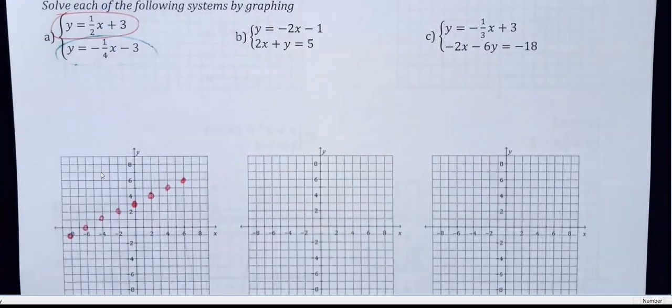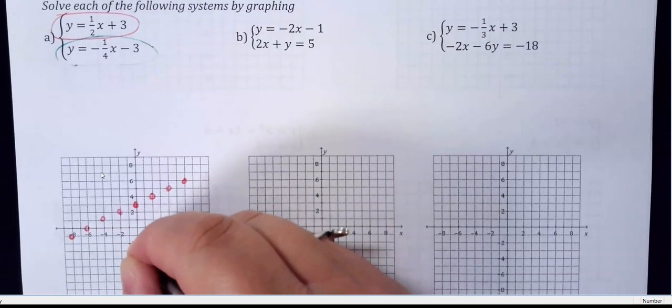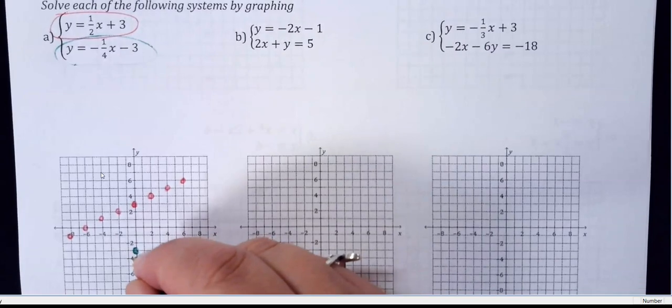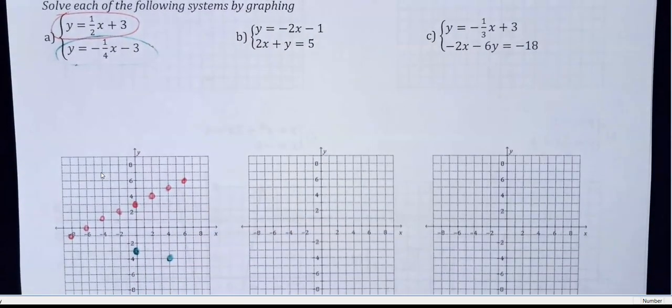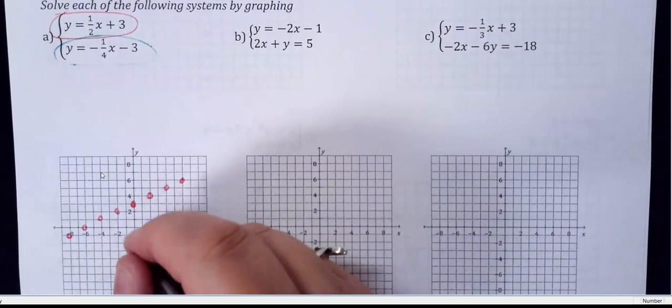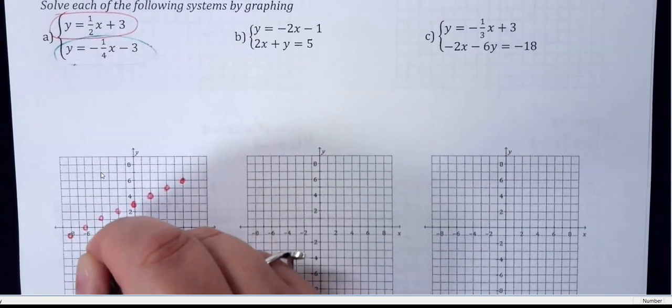Then my second equation, y equals negative 1/4 x minus 3. I'm going to come down to negative 3 on my y-axis. When I have a negative slope, I automatically go down 1 and then 4 to the right. But as I do that, I'm moving away from the line, and I want to see where this intersects. So I would actually go backwards: up 1 and left 4.